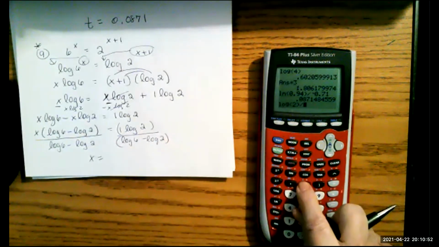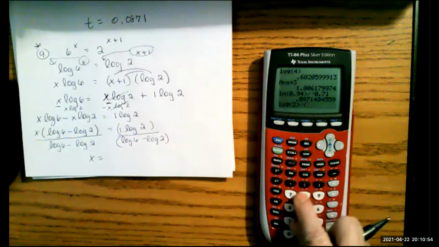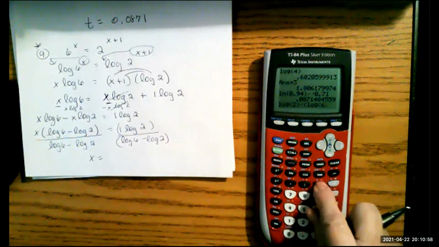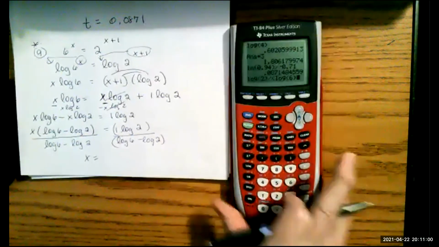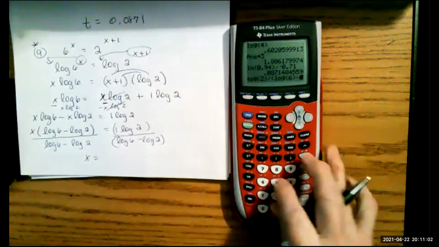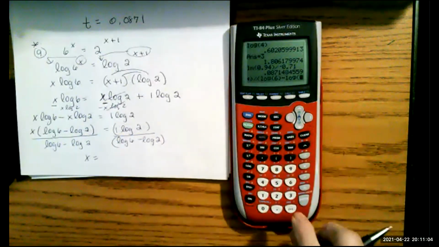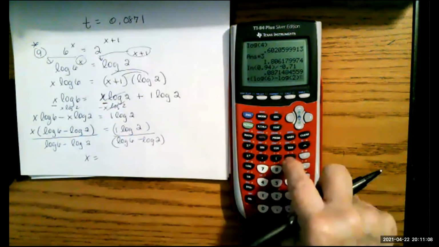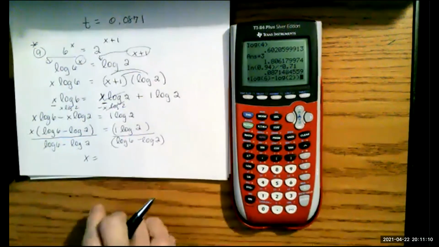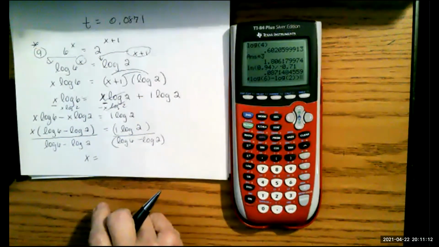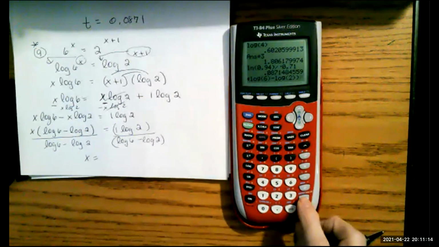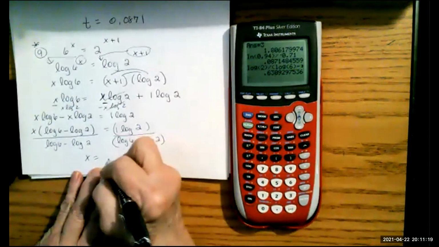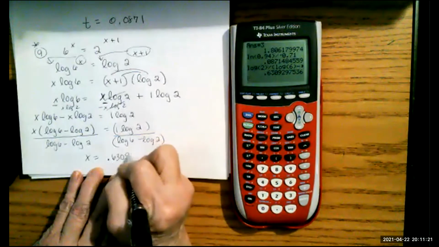So I'm going to start a parentheses, and I'm going to say log 6, and I'll have to close the parentheses on that 6, minus log 2, and I'll have to close that parentheses on that 2, and then I'll have to close the parentheses for my denominator. So then when I hit the button, I get 0.6309.